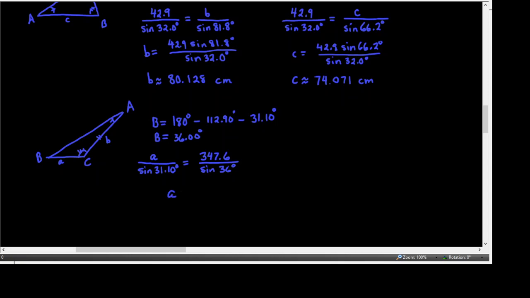So to solve for A, multiply both sides by the sine of 31.10 degrees. And when you do that, you'll get this calculator ready form.